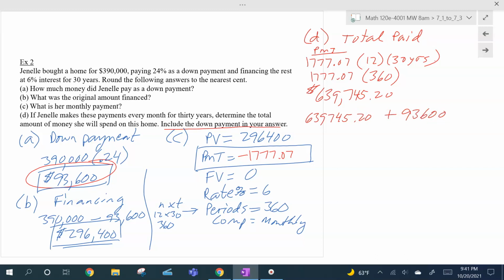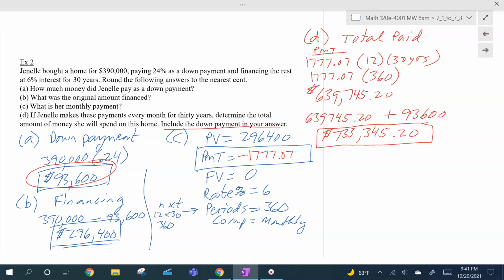So when you add those two together, this is how much she paid for the home, right? Total. So, you know, the home was 390,000, and she paid 733,000 for the home, almost double for a 30-year loan.